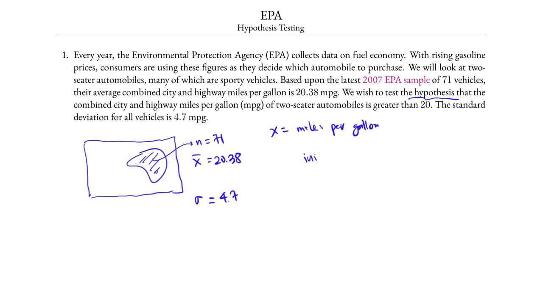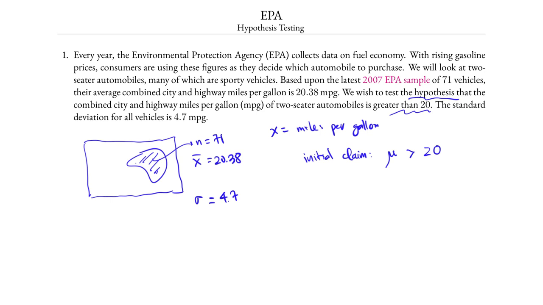So this is the initial claim about the population here. The claim is that the average mile per gallon is greater than 20. Translating this into symbolic form, the average mile per gallon, mu, for the population, is strictly greater than 20. And that is the initial claim.